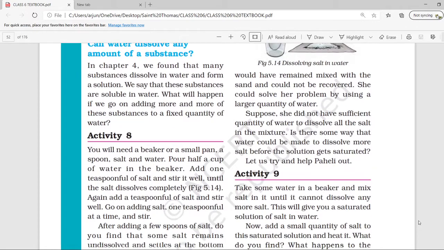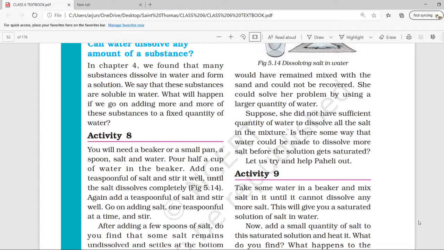For activity number 8, you will need a beaker or a small pan, a spoon, salt and water.